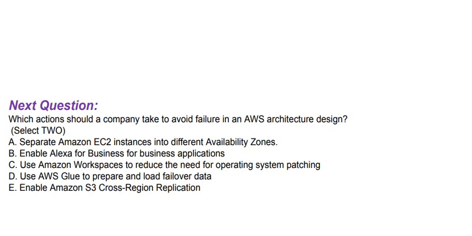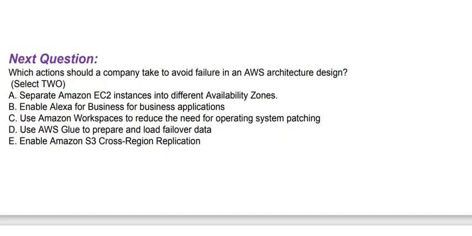Option C, use Amazon WorkSpaces to reduce the need for operating system patching. Option D, use AWS Glue to prepare and load failover data. And option E, enable Amazon S3 cross-Region replication. The correct answer is options A and E.